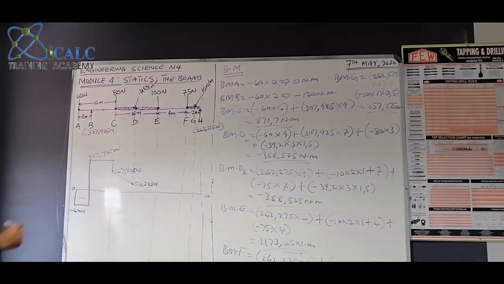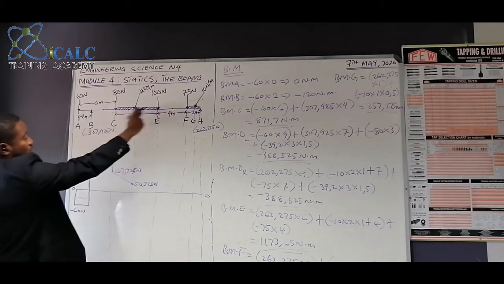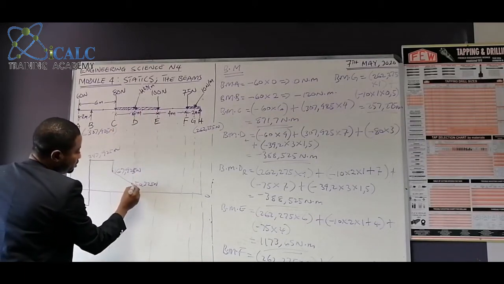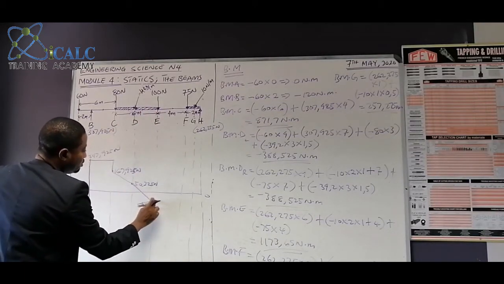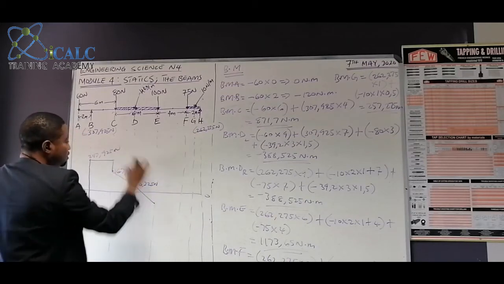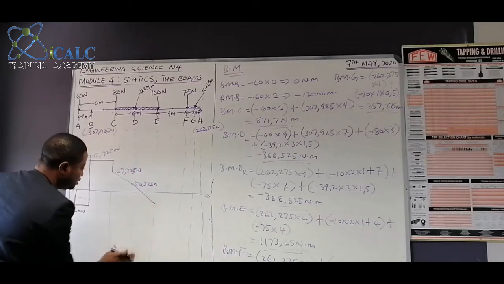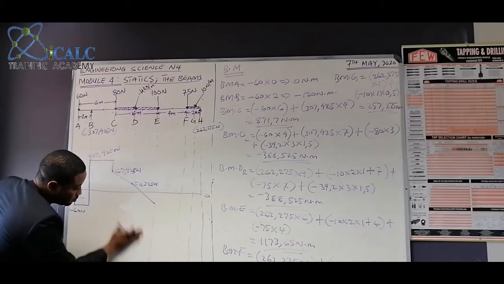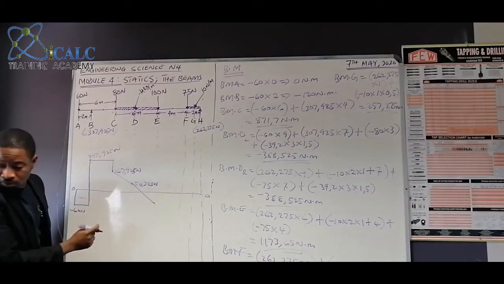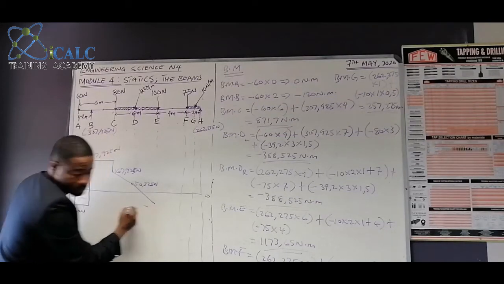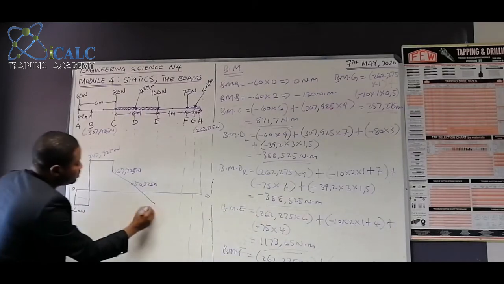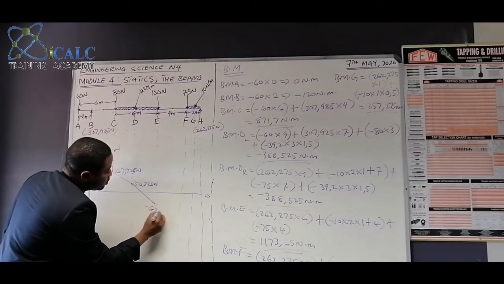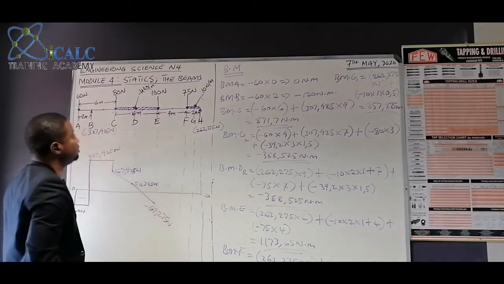Okay, and then the remainder of the UDL shall also give us minus 67.275 Newton.